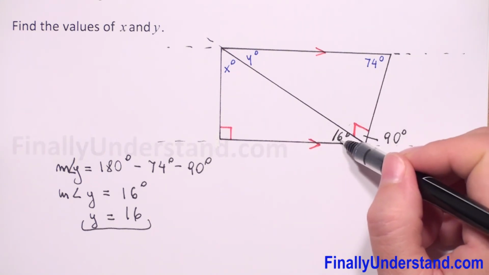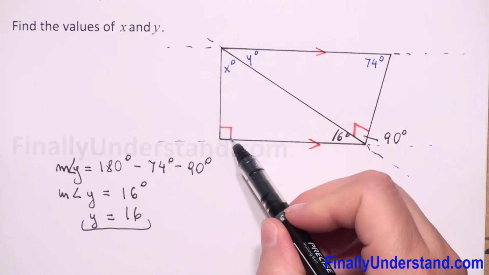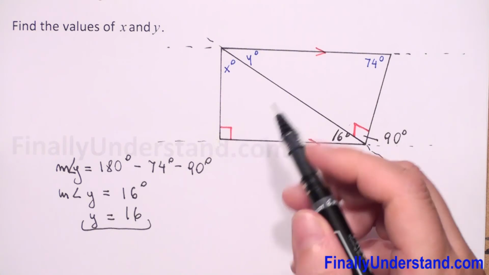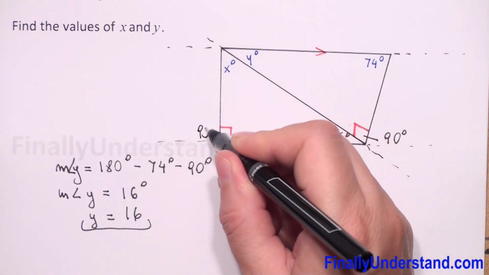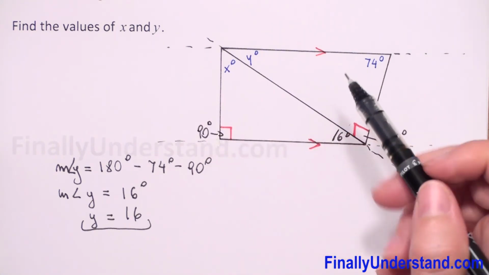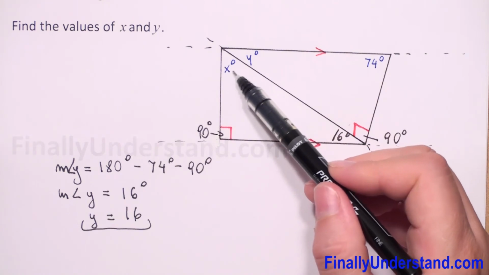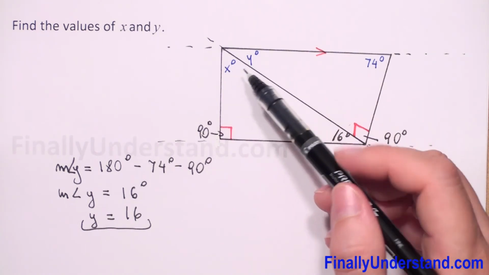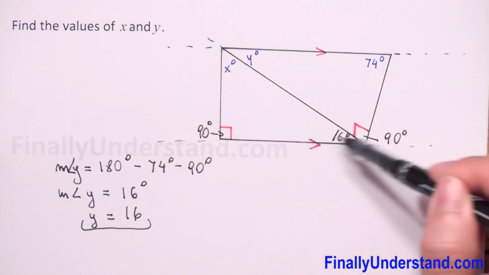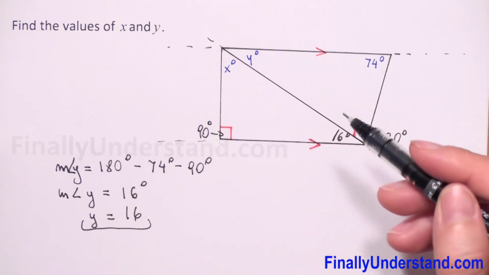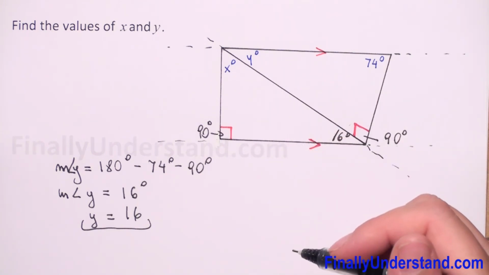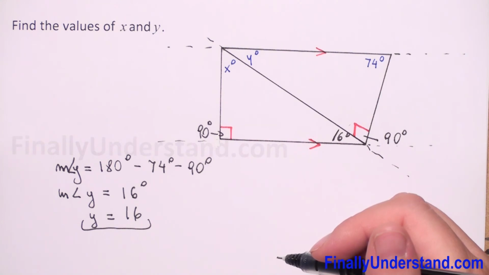So if we have this angle and here we have a right angle, because this red square means that we have a 90 degrees angle, we can find the measure of angle x, because we have here a triangle and we know that the measure of interior angles of a triangle is 180 degrees.